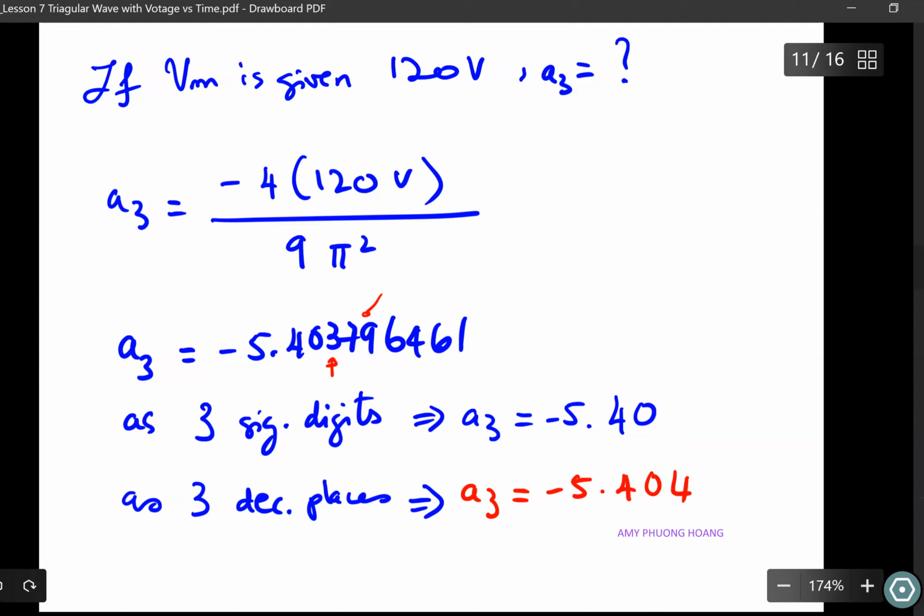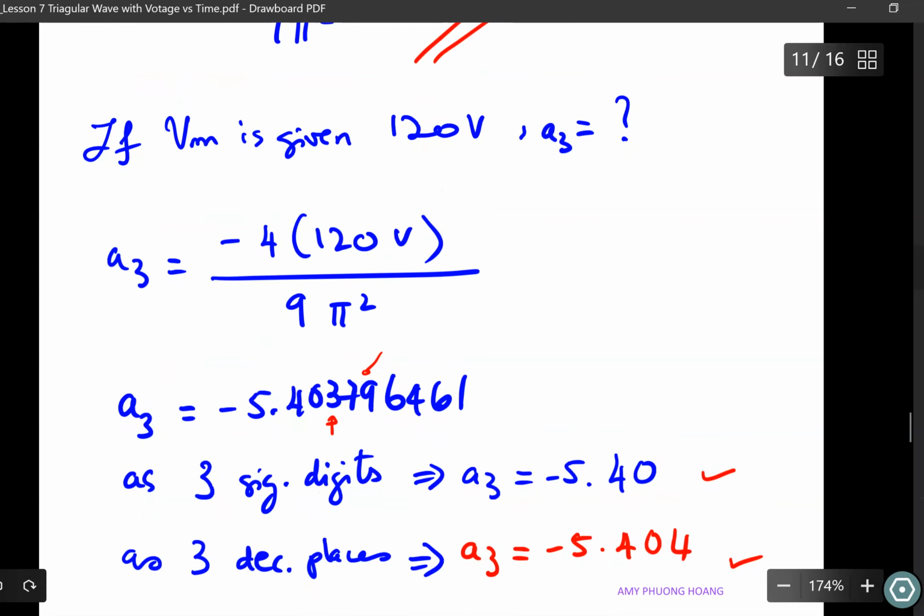So if I want 3 decimal places, I should set this number. If I want 3 significant digits, I should have this number. It's just something on the side here, because I think that I asked everyone this question on the assignment: given Vmax equal to 120 volts, you have to give me the numerical value for this Fourier coefficient. So that's what you just have to do.